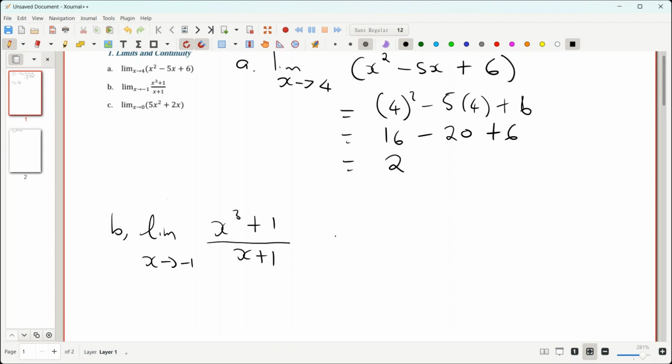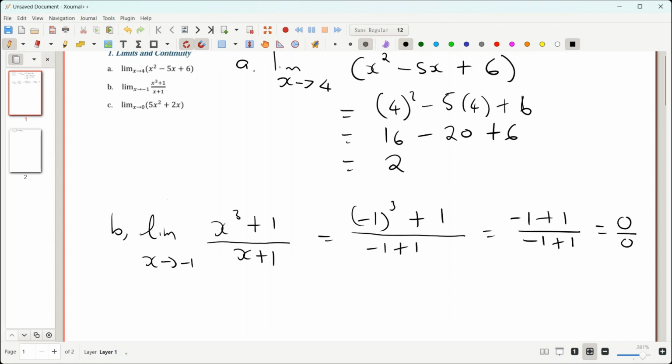But if you look quickly, when we substitute here, on our denominator we'll have -1 plus 1, and on our numerator we'll have -1 cubed, plus 1. So you can clearly see that you'll have 0 divided by 0, which is undefined. You don't want to find your final answer as undefined.